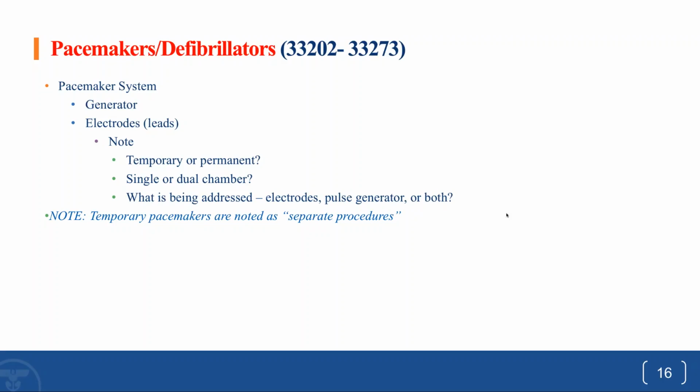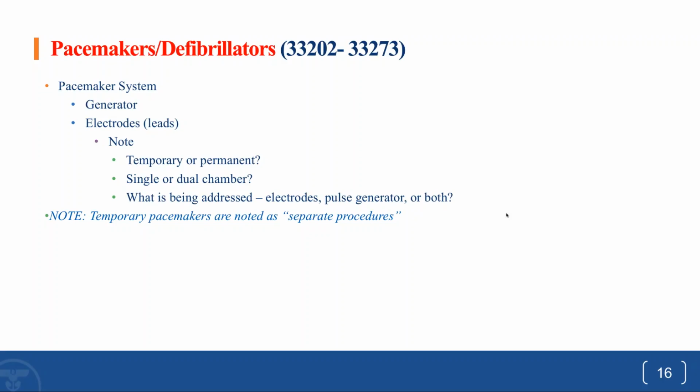And the next one underneath the initial pulse, where it says upgrade single chamber system to dual chamber system, just make sure you highlight that. They could have one lead and now they're upgrading to a dual lead.